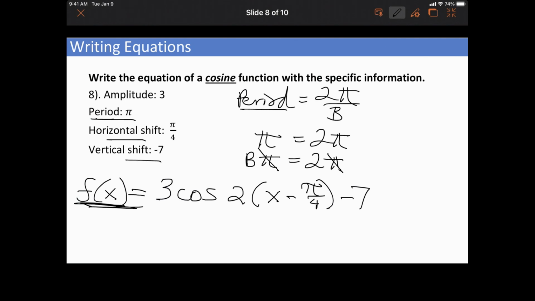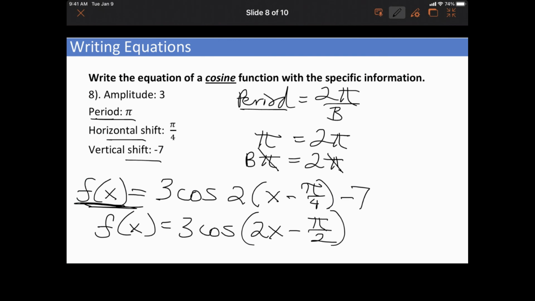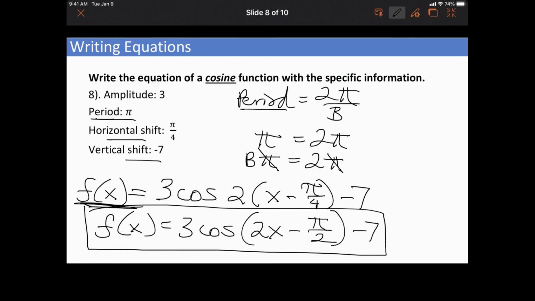So this is factored form. The other form would be multiplied out. 2 over 4 would be pi over 2. There you are.